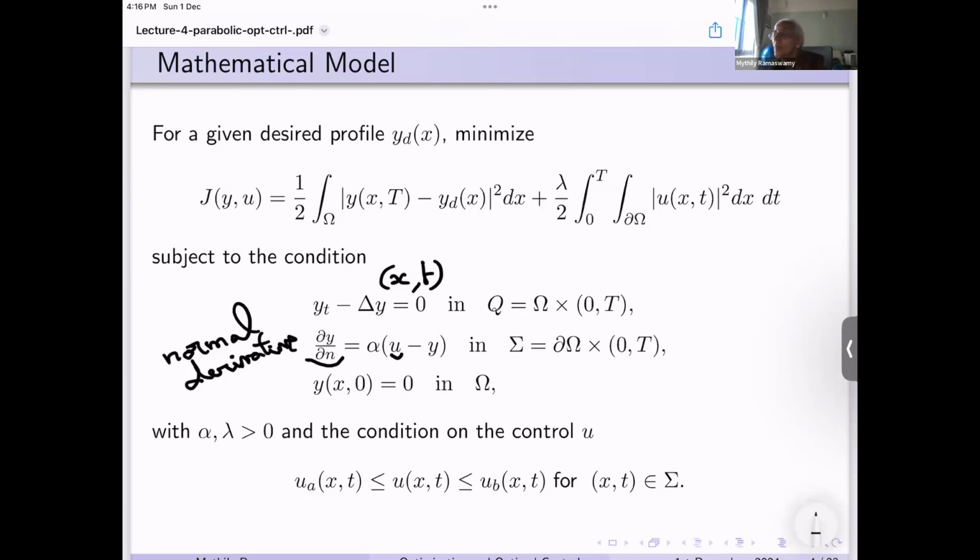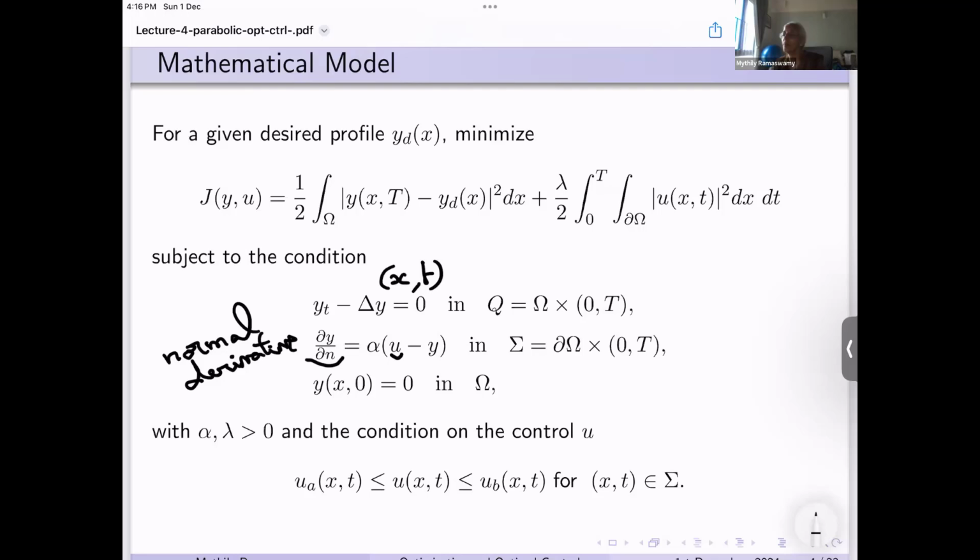And we want to minimize the distance between our solution and the desired profile at time T, plus also the control cost, with alpha and lambda greater than 0, and the condition on the control is that u lies between u_a and u_b for all (x, t) on the boundary.